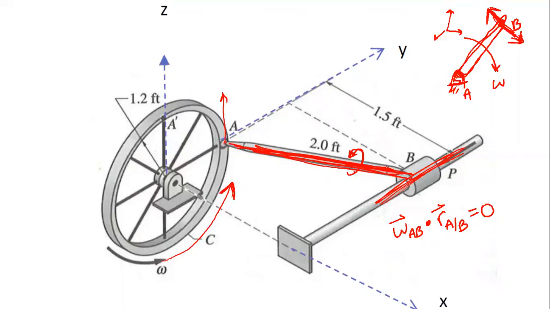And you could even do that by saying that the velocity of A is equal to the velocity of this center point crossed into omega, the velocity of the center point plus this omega cross this R. And that'll give you whatever that amount is, 1.2 times the omega.